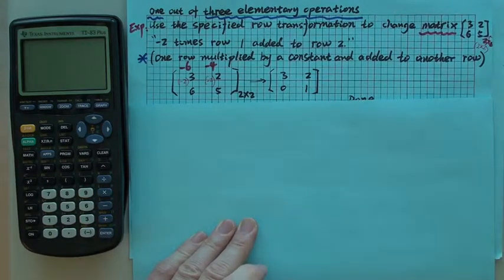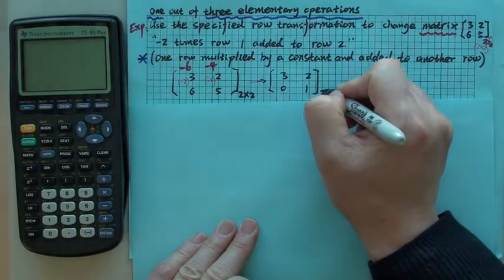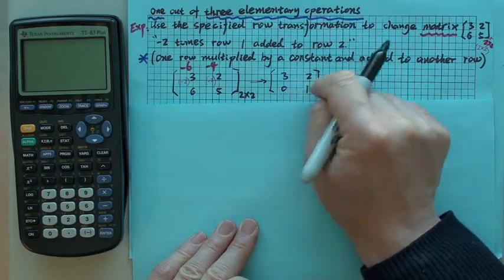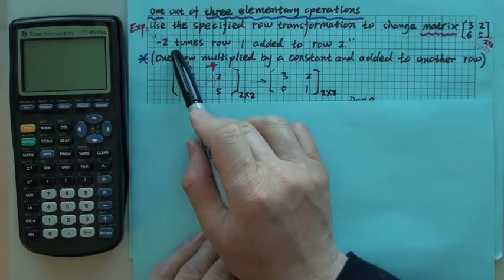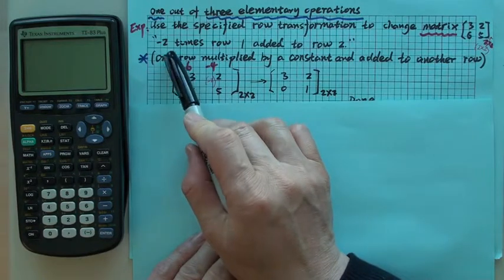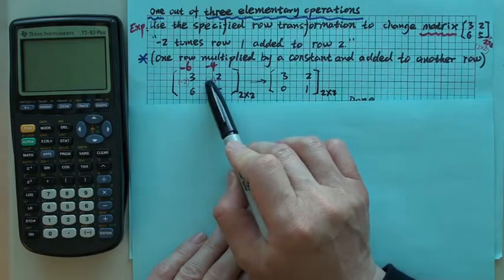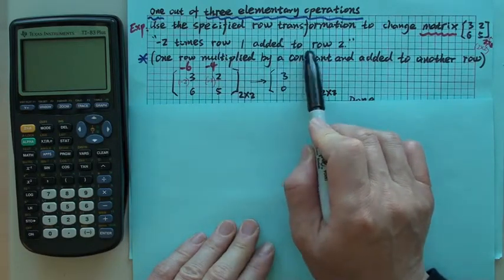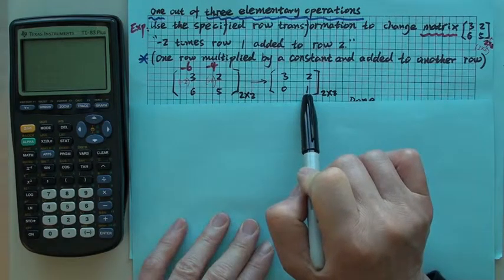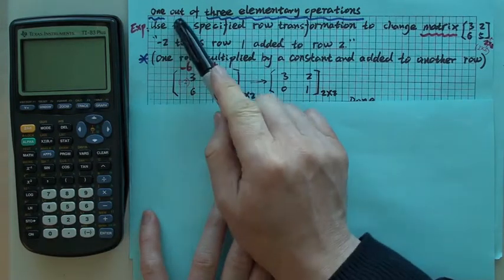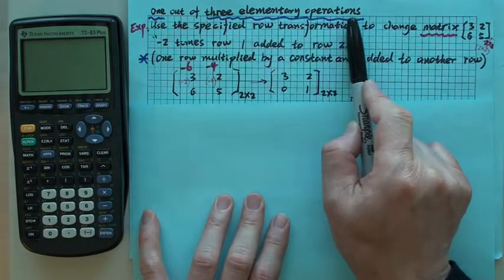Again, here is a 2 by 2 matrix, 2 rows, 2 columns. And this kind of operation, a constant, -2 times row 1, added to row 2, is called one of the 3 elementary operations.